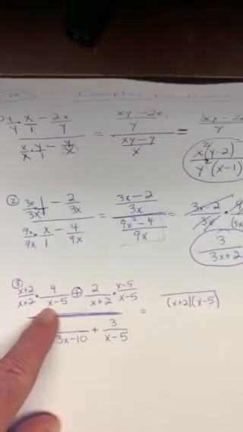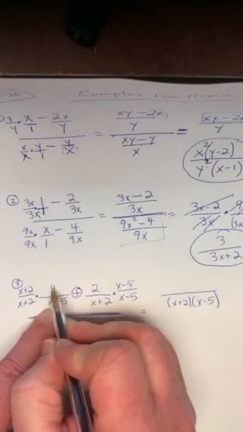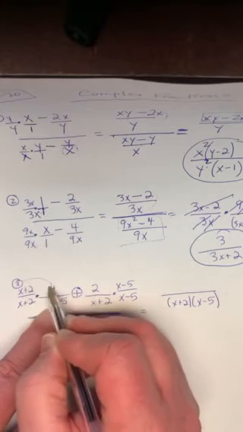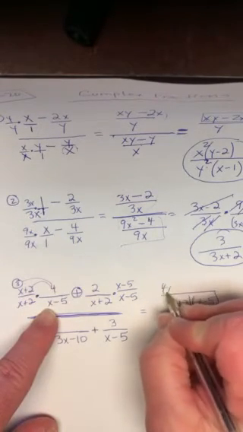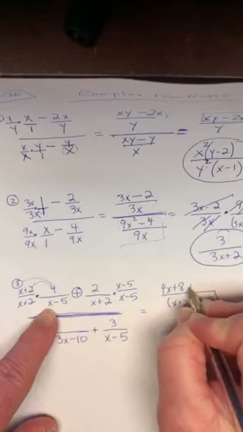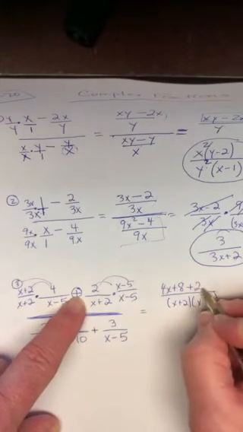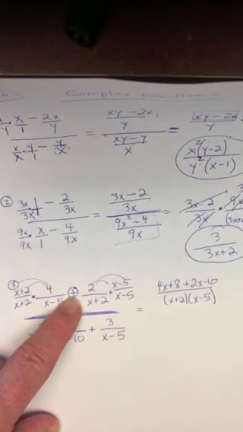Big deal. Now up top, this 4, since it's being multiplied by x plus 2, is going to get distributed, giving me 4x plus 8, plus, then I distribute this 2 and get 2x minus 10.